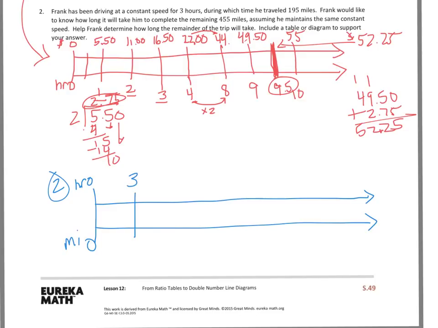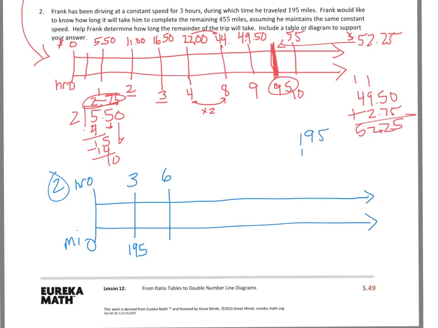So 3 hours, he traveled 195. I'll go up a couple values and see how this will work. If I'm going up by 3, I got to add another 195.